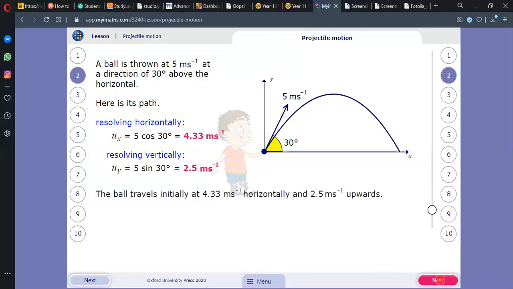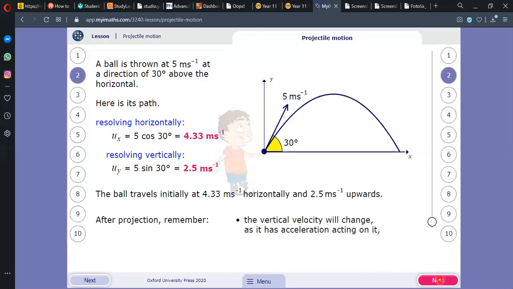All right, the ball travels initially at 4.33 meters per second horizontally and 2.5 meters per second vertically, which is upwards. After projection, remember, the vertical velocity will change as it has acceleration acting on it, which is the acceleration due to gravity. But the horizontal velocity will remain the same. That is very, very clear. So keep that in mind.